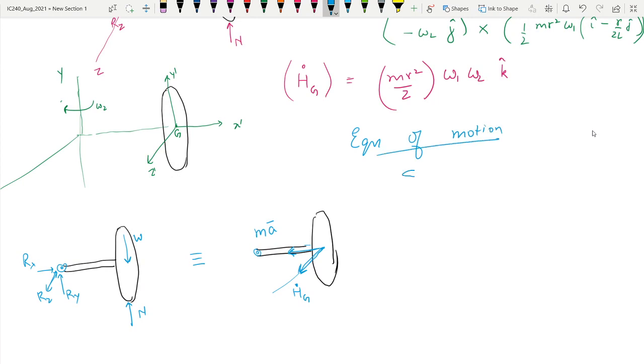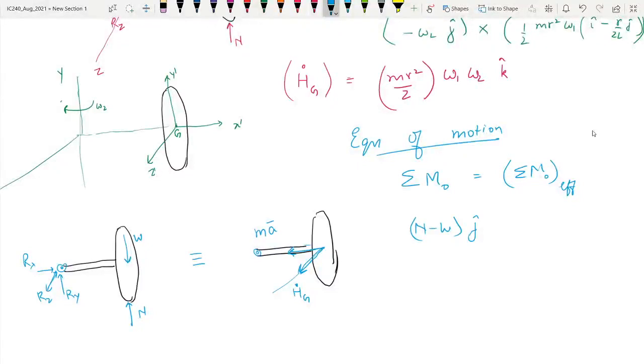which is summation of moment is equal to net moment effective. So the net moment, and let's write it about the point O. So all the reactions go away. So we have this N minus W in the j cap direction.